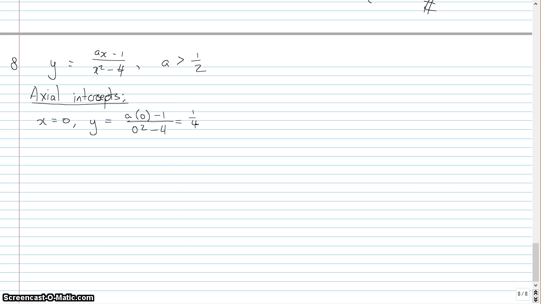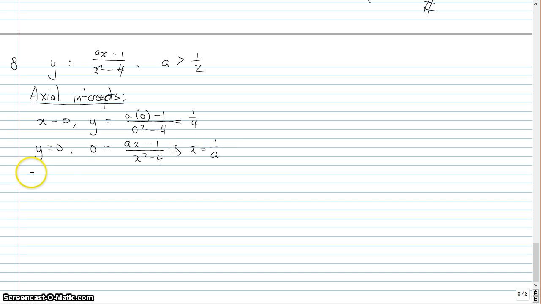So there's an axial intercept at (0, 1/4). When y equals 0, we get 0 equals (ax minus 1) over (x squared minus 4), and that means that x is equal to 1 over a. Okay, so far so good.